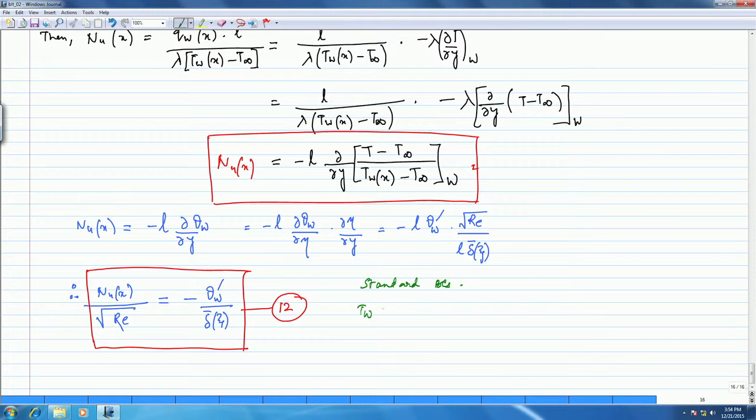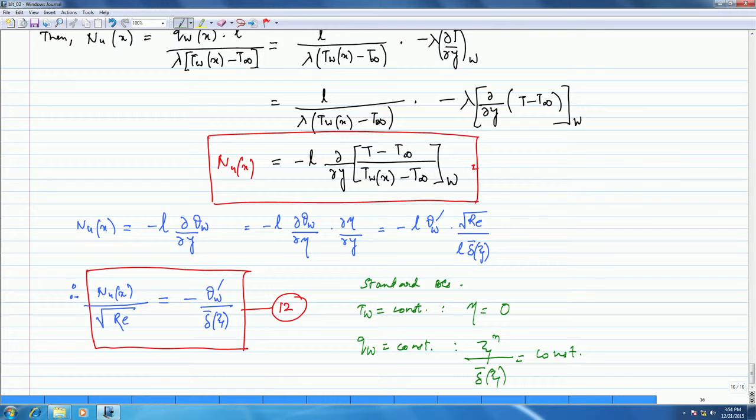T wall is constant, which means eta is 0, then Q wall is constant.